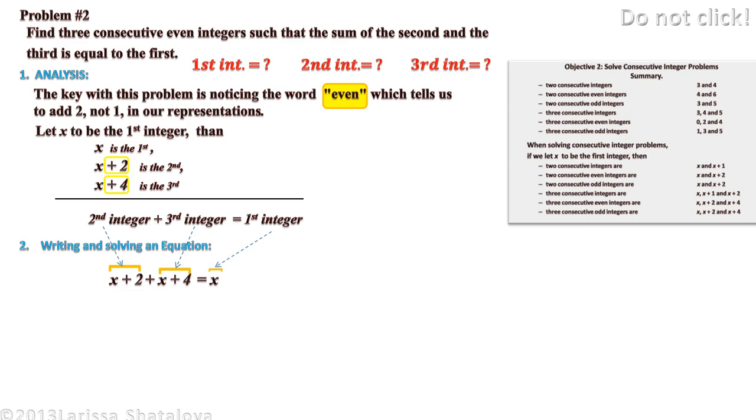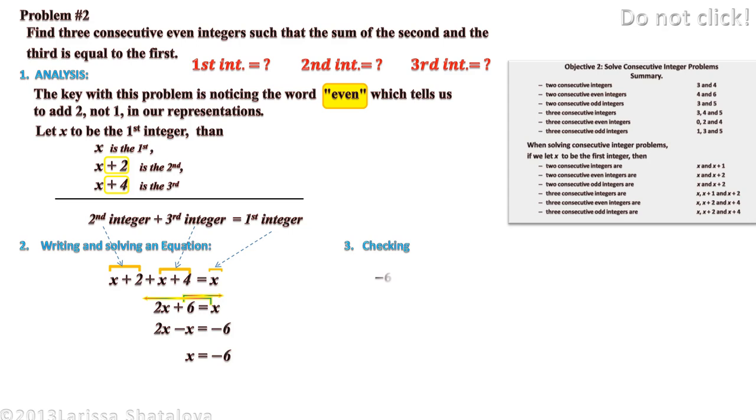Now we need to solve the equation. Combining like terms, it will be 2x and positive 6 equal to x. Now separating terms with variable and constant terms, we'll have 2x and negative 1x on the left and negative 6 on the right. And x is negative 6.